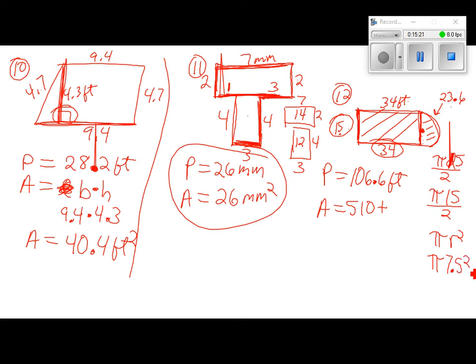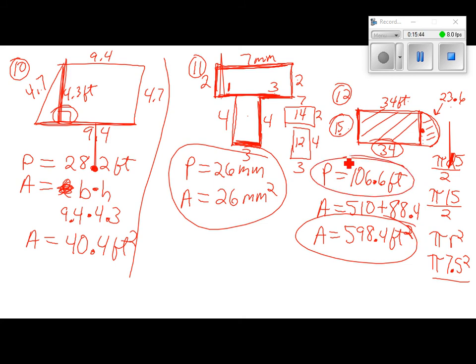You punch all that into your calculator, and you end up getting something about 88.4. And to find the total area, we're just going to add those two together, and we end up with 598.4 feet squared. So that's our area. Don't forget feet squared there, and that's our perimeter of that crazy looking shape.